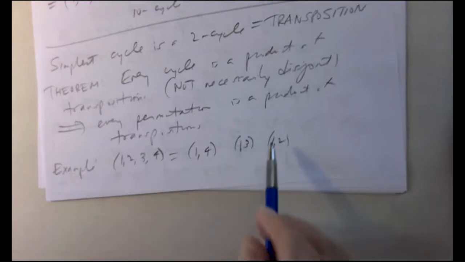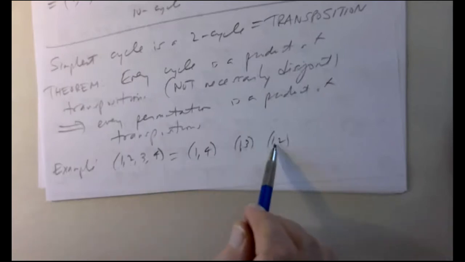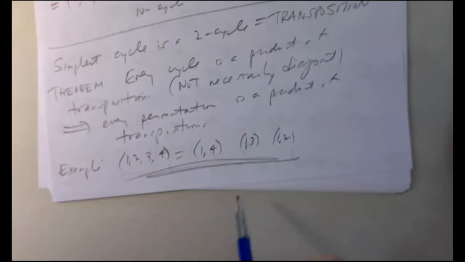So 1 goes to 2. 2 goes to 1, 1 goes to 3, 3 goes to 3, so 2 ends up at 3. 3 goes to 3, 3 goes to 1, 1 goes to 4, so 3 goes to 4. This sends 4 to 4, 4 to 4, 4 to 1, so 4 goes back to 1. So we see this is a correct mathematical statement.